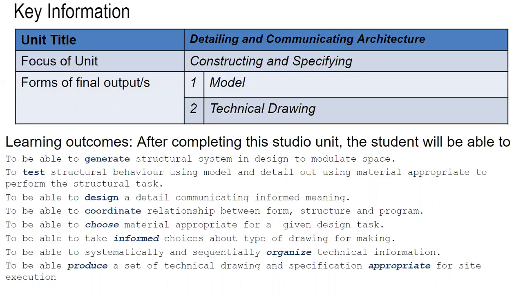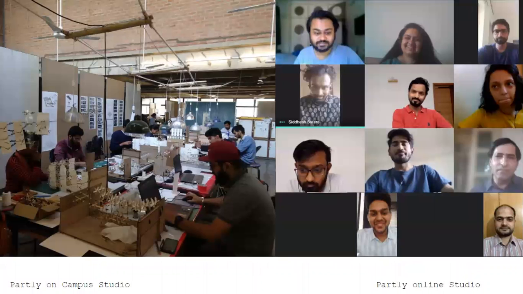So you can see that largely we'll be focusing on making model and technical drawing while working in this studio. This studio will partly be on campus and partly be online. So once a week we'll be meeting on campus and rest of the time we'll be working online.